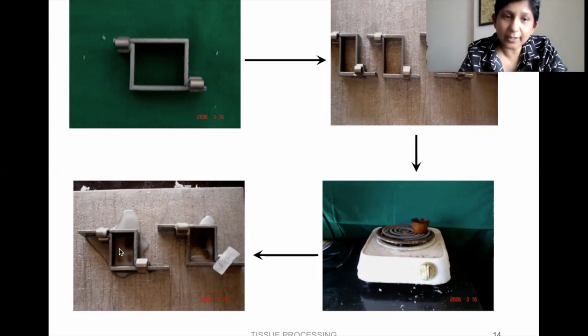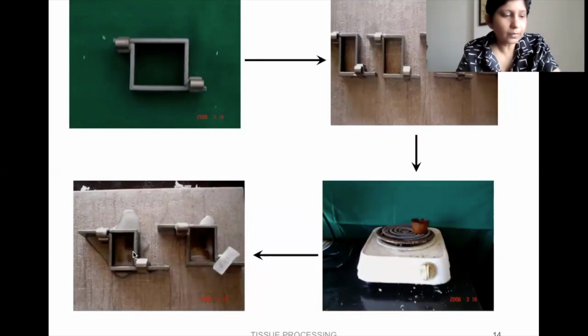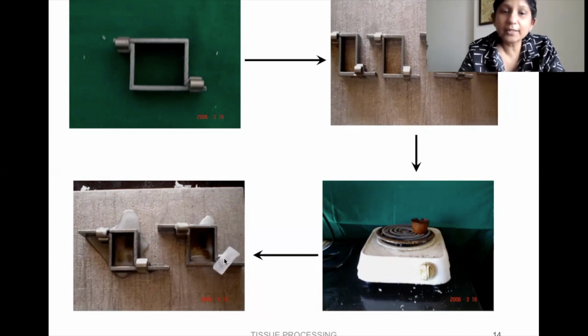Some amount of molten wax will flow out, but by and large it will get solidified, and you can embed your tissue into this block. Now you can see that we have also kept a label out here. This label will help you identify which tissue block it is.